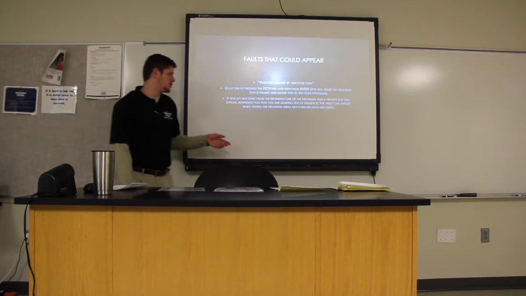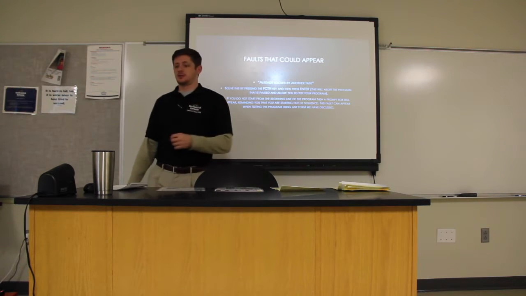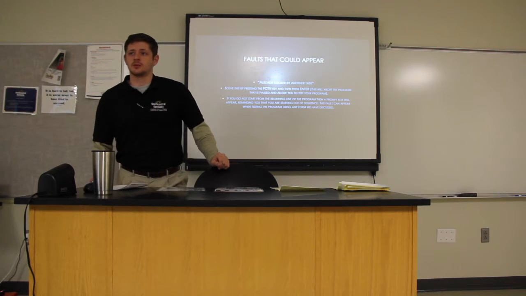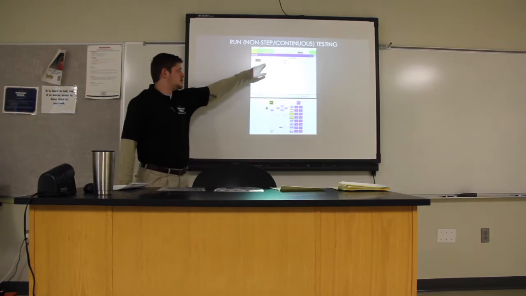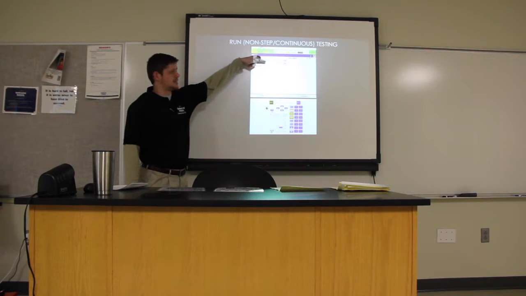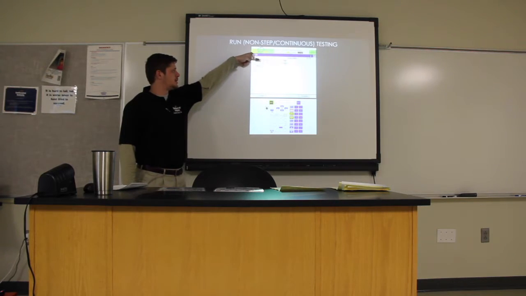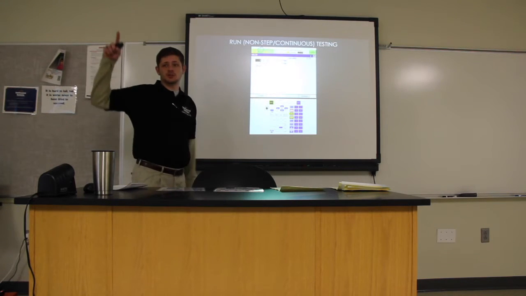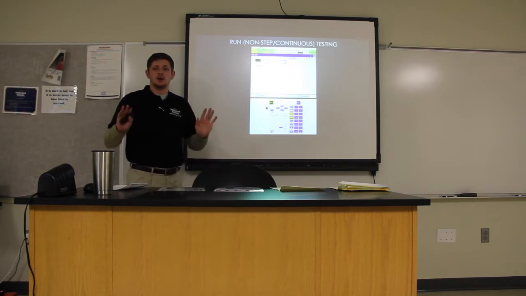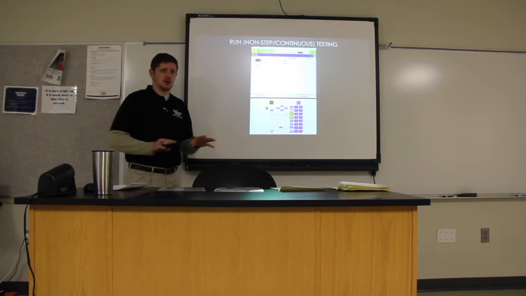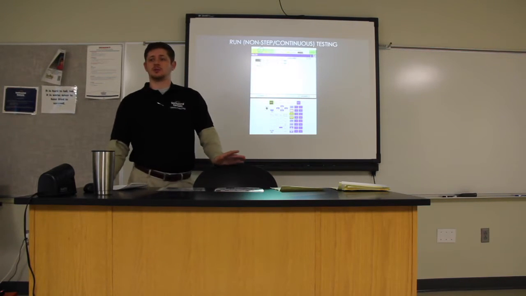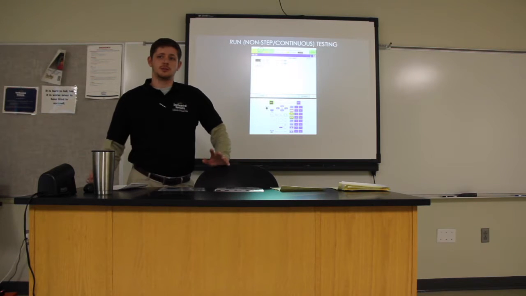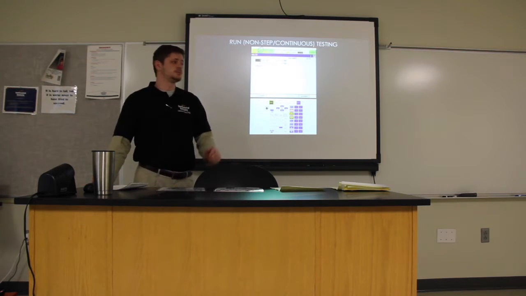Other problem you may run into is a prompt box telling you that you're not in the right sequence. If you try to start here, it says it's at that position. So if I try to start here, I'm not starting where it's at. So that means I'm telling it to go to position 1, then start the program. It doesn't like that. You're out of sequence. It doesn't want to be out of sequence because that puts danger to you, somebody around you, or the machine, or the robot.